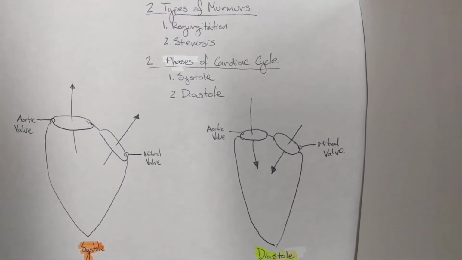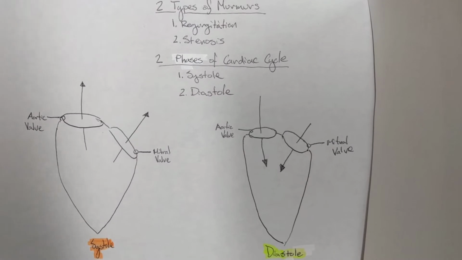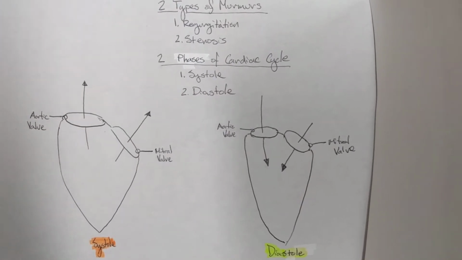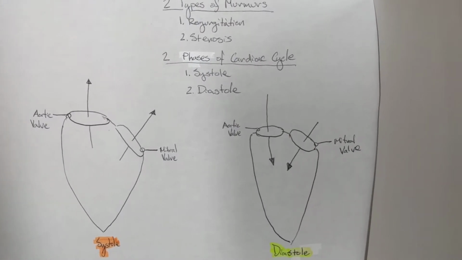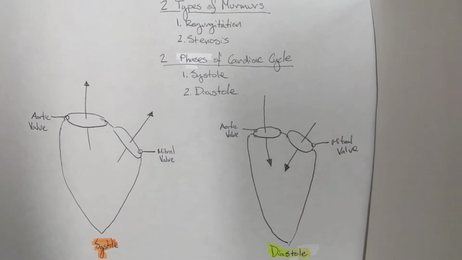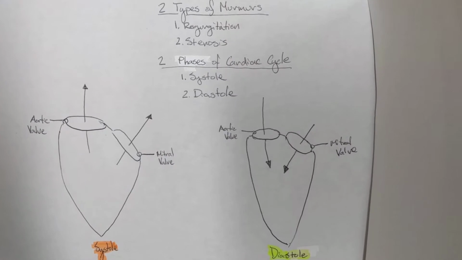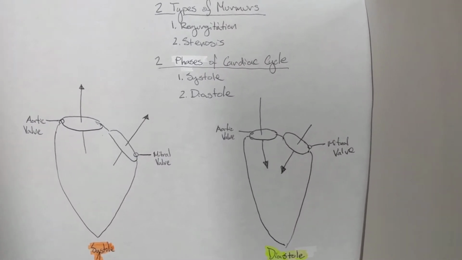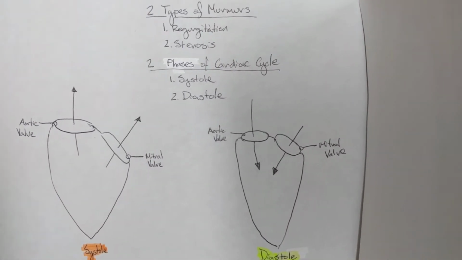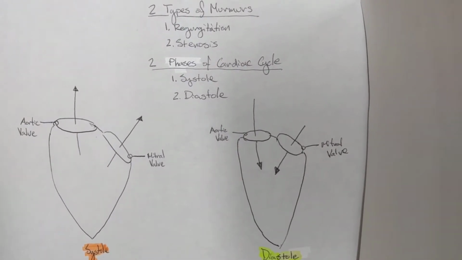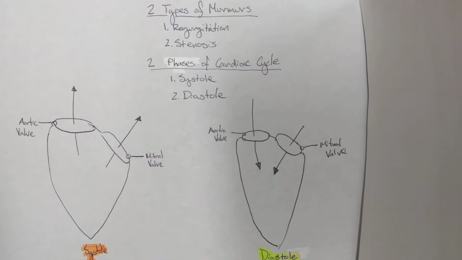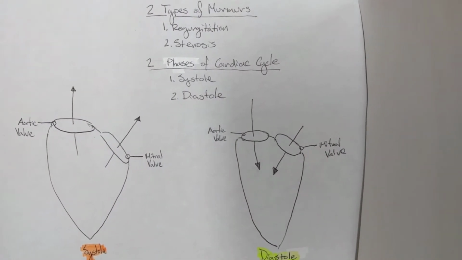Now, mitral valve regurgitation is most commonly due to rheumatic heart disease. You can also see mitral valve regurgitation with chordae tendineae rupture after a myocardial infarction. Typically, you'll see that from 3 to 10 days following a myocardial infarction.